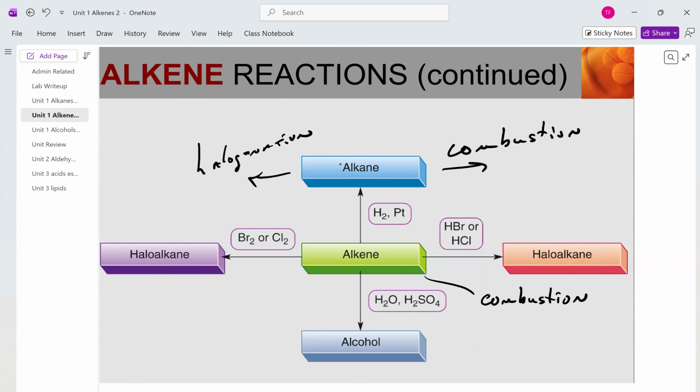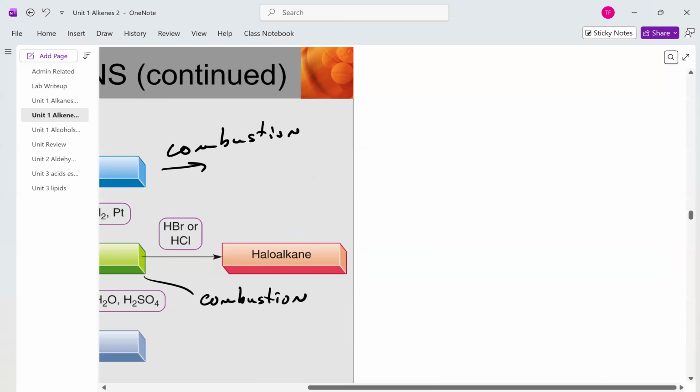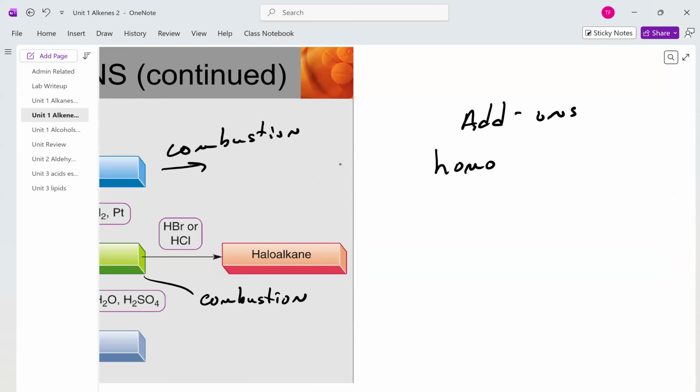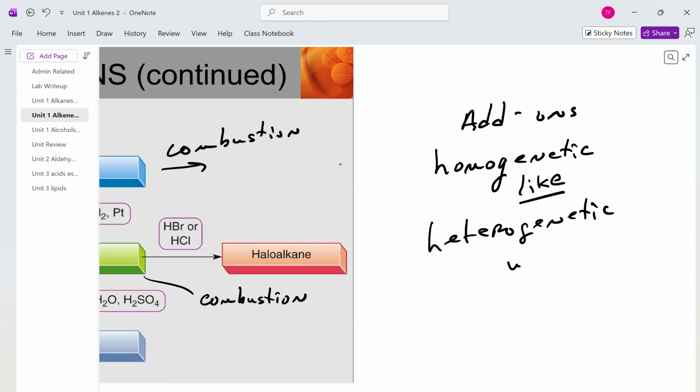There's homogenetic and heterogenetic. This is like, and this is unlike.